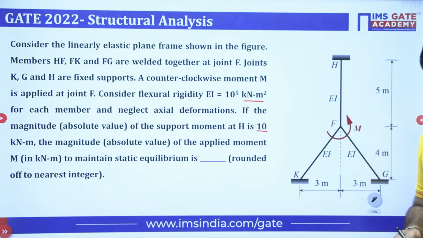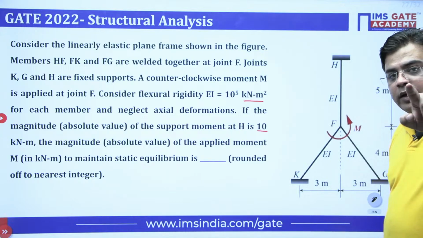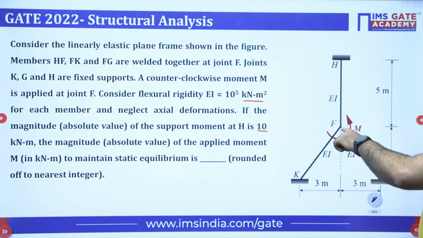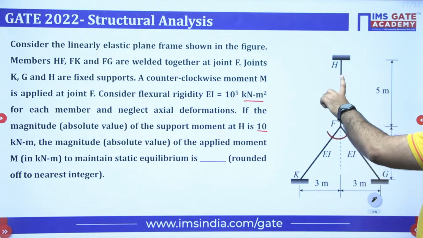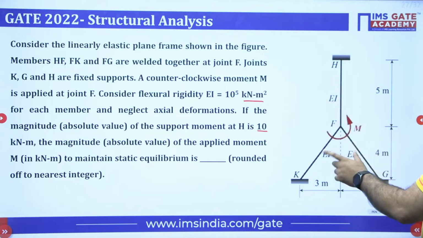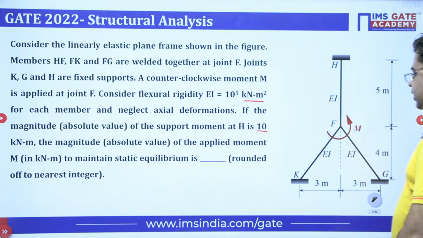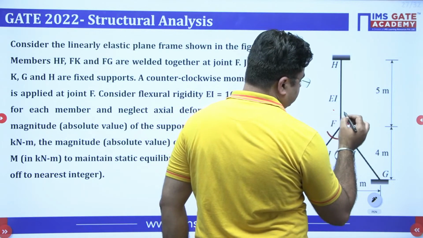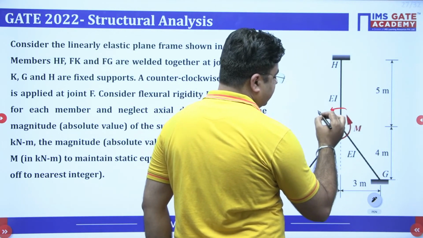Now my dear student, observe this very carefully. This moment M is applied over this joint F, right? Now some part of this moment M will be taken by this member and this member, okay? Say the moment taken by this member is some M1.